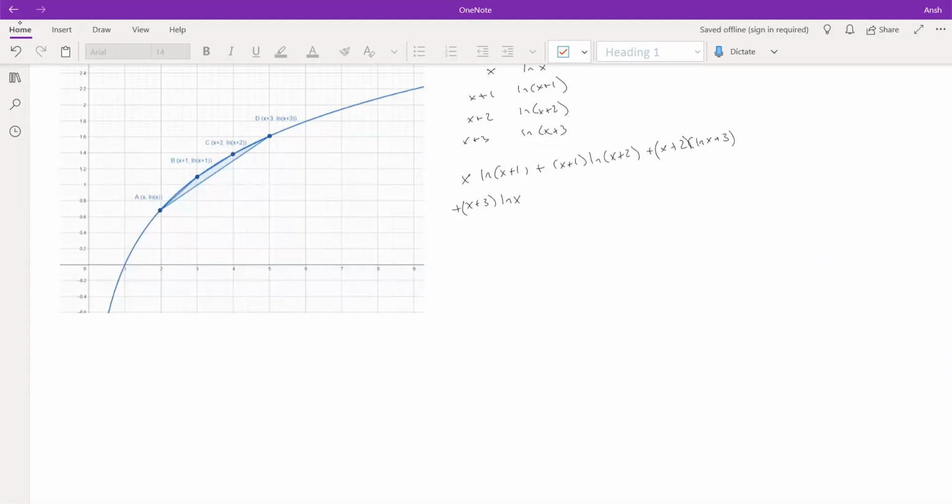And from this, we will subtract (x+1) times ln x, then (x+2) times ln(x+1), then (x+3) times ln(x+2), and finally x times ln(x+3).